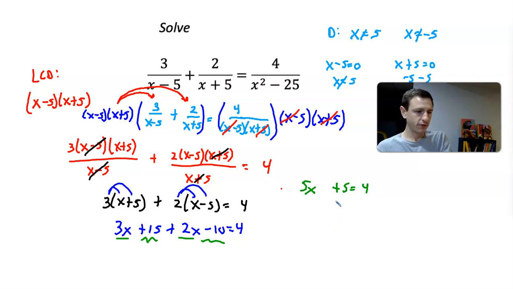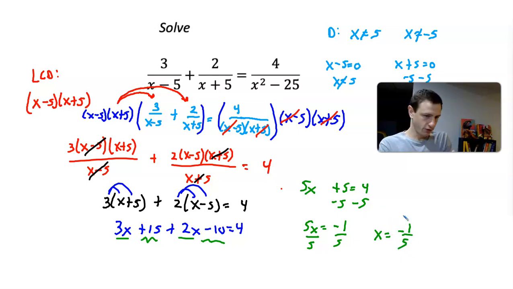Then I'm going to solve for x by subtracting 5 on both sides. We're solving a two-step equation now. So 5x equals 4 minus 5, which is negative 1. Solve a one-step equation, divide by 5, and x equals negative 1/5.